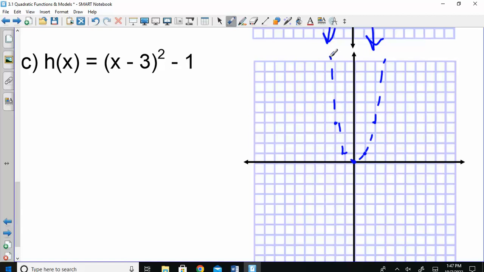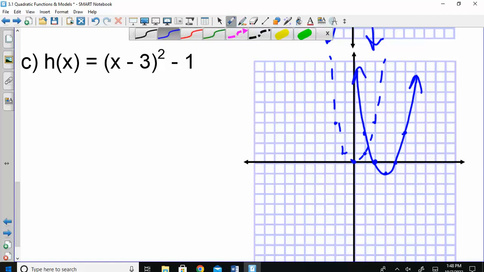So same parent function. How does this one move? Right, 3 right and 1 down. So you take each of your points right and down. So our vertex ends up at 3, -1.